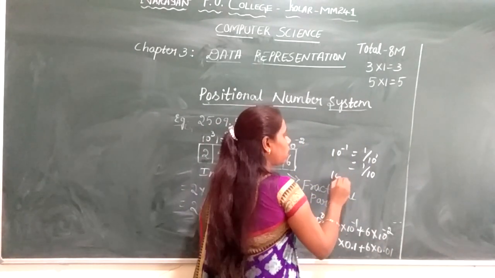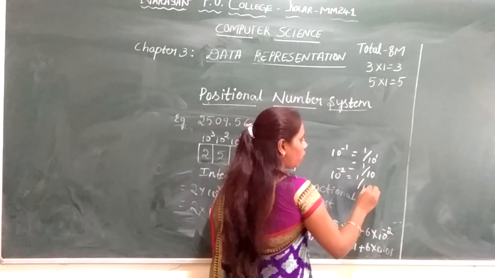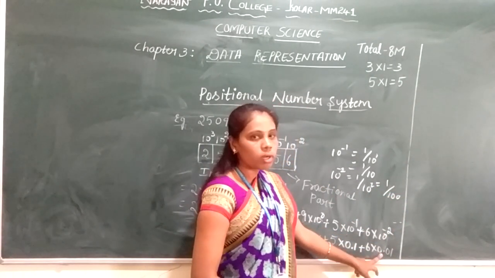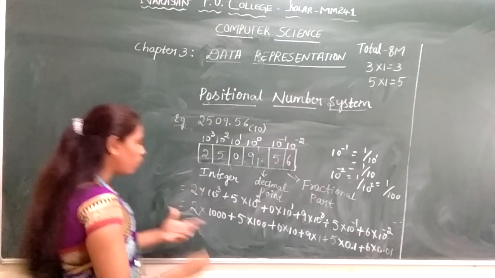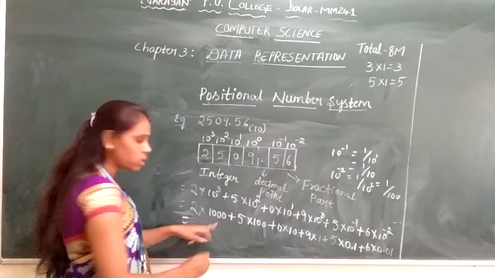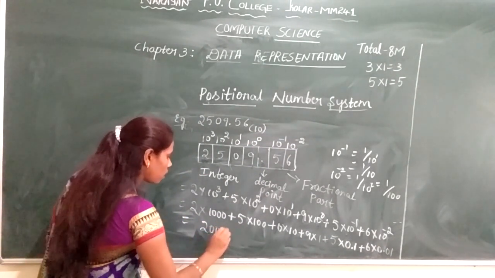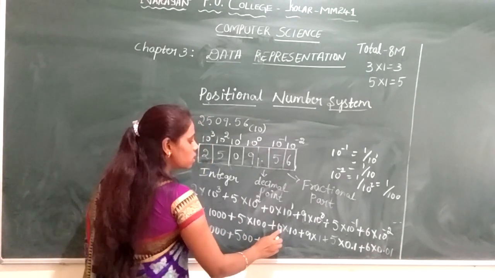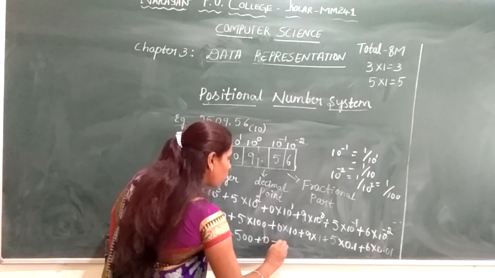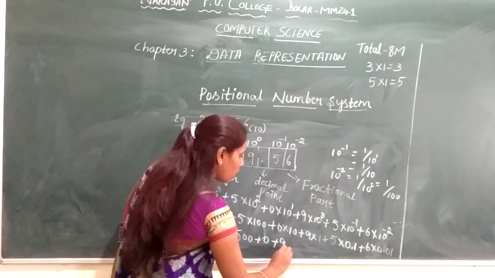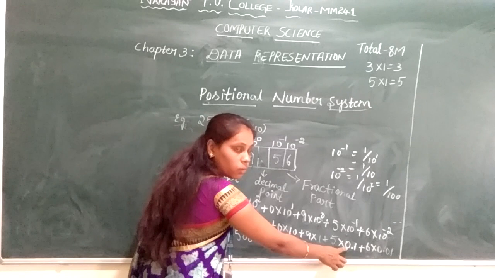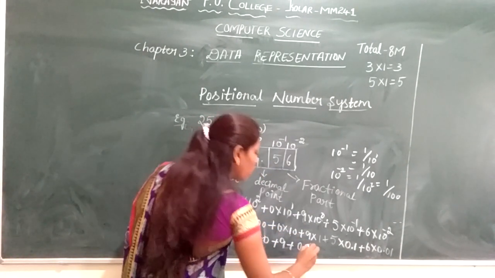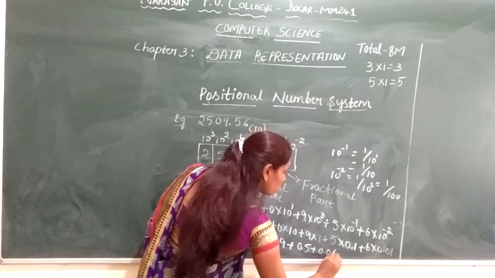10 power -2 can be written as 1 divided by 10 power 2, that is 1 divided by 100. It gives the value of 0.01. Now you multiply these terms. 2 into 1000 is 2000 plus 5 into 100 is 500 plus 0 into anything is 0 plus 9 into 1 is 9 plus 5 into 0.1 is 0.5 plus 0.06.